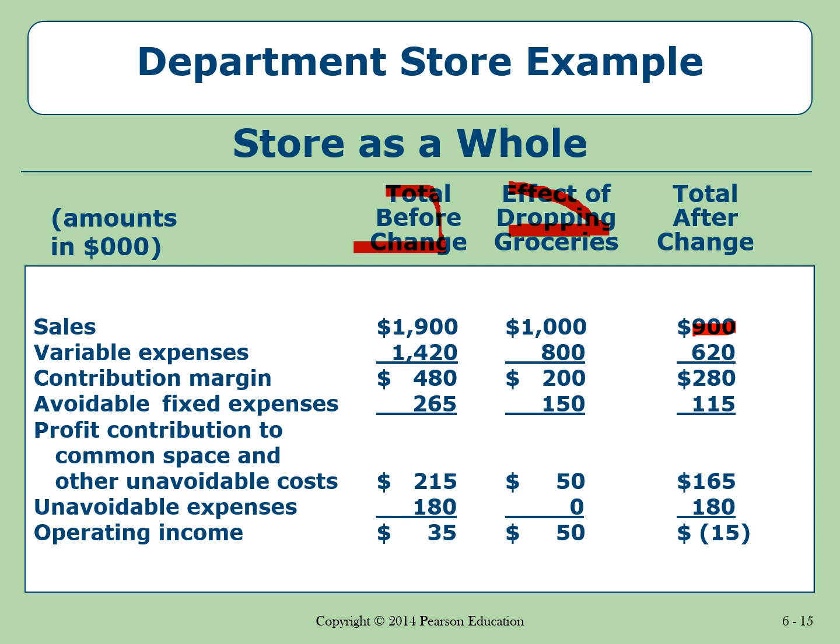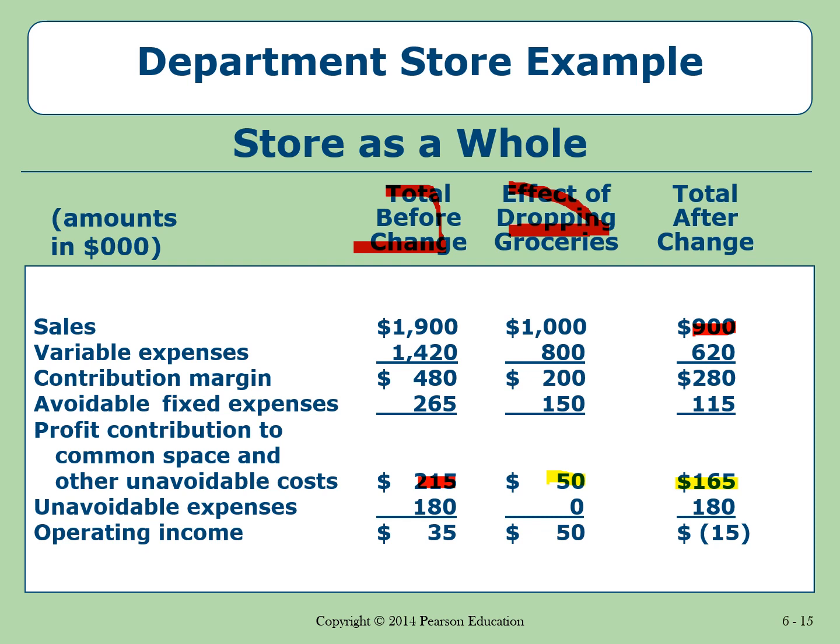So this will lead to the contribution margin. The contribution margin before the change, or before dropping the department, was 215. Now we are to drop the contribution from the department dropped, which is 50. This will lead to 165.